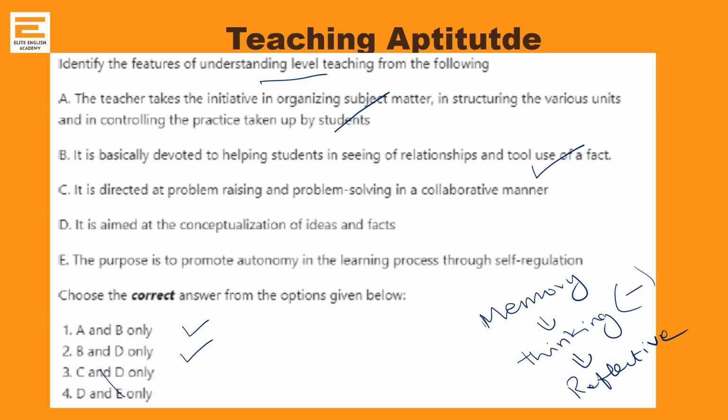In this type of bigger questions, after reading the options quickly one time, if you are sure of at least one option, that this is one of the answers, then you can remove the other two options. So you have to choose between option 1 and option 2. Since you are sure that option A will not come, definitely option 2, that is B and D, is the answer.